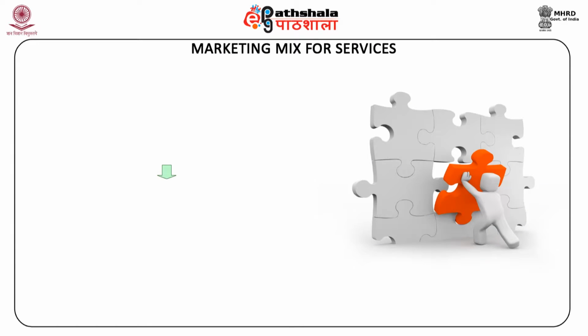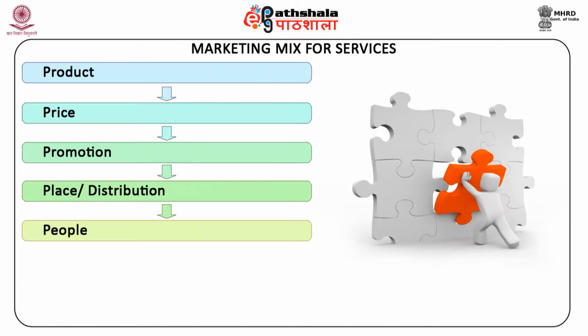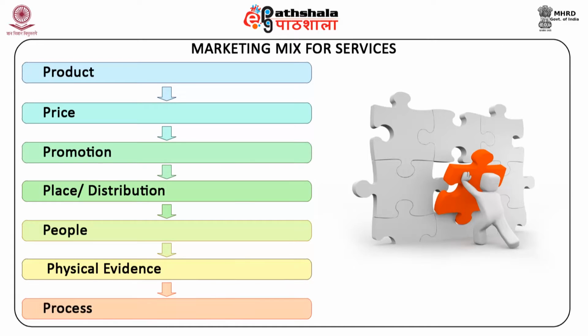Next, we will talk about marketing mix for services. Services are different from goods in the sense that they are intangible, perishable, inseparable, and there is no transfer of ownership. The marketing mix of services thus includes three additional P's, which are people, physical evidence, and process.